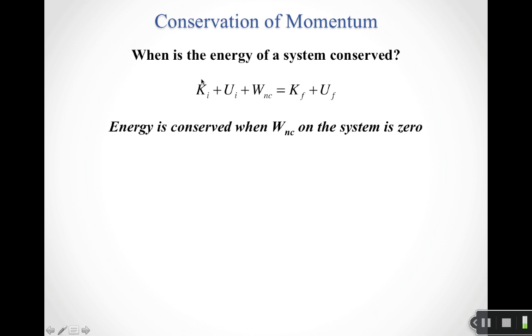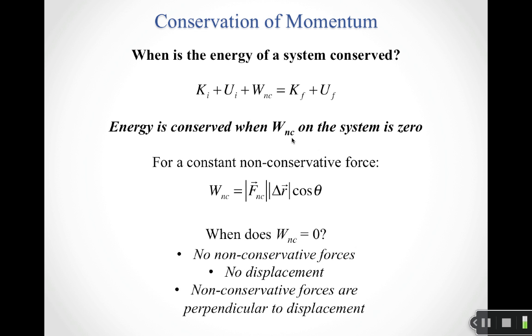Energy conservation tells us that the energy you started with has to be the same as the energy you finish with. For that to be true, the work done by non-conservative forces has to be 0. So energy is conserved when the work done by non-conservative forces on your system is 0.